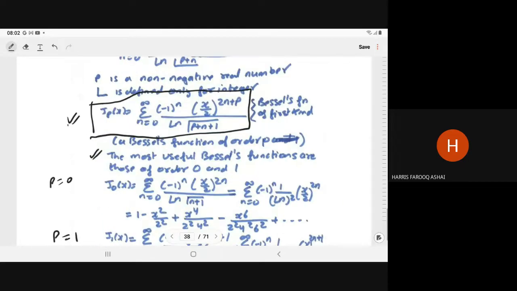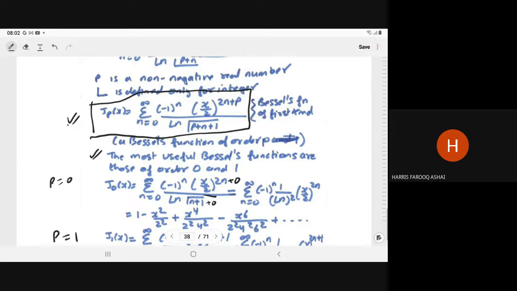So for J0, in this formula we put p equal to 0, and we get J0(x) equal to the summation n from 0 to infinity of (-1)^n (x/2)^(2n+0) upon n factorial times gamma of (n+1+0).